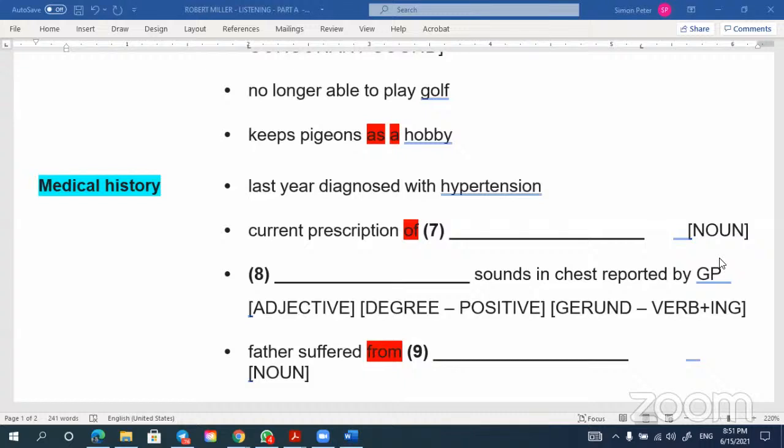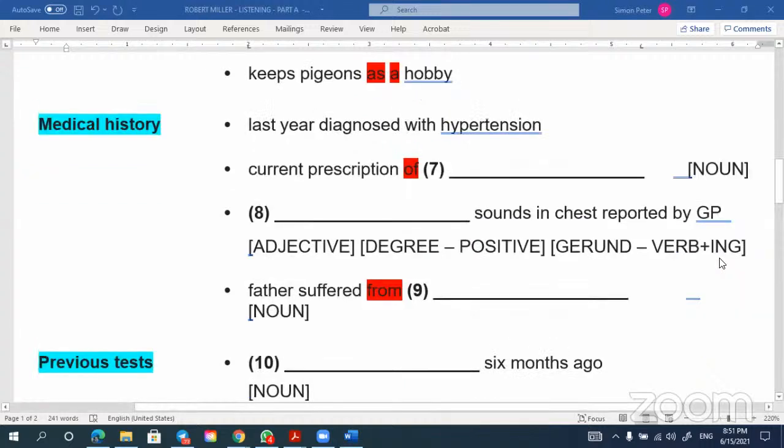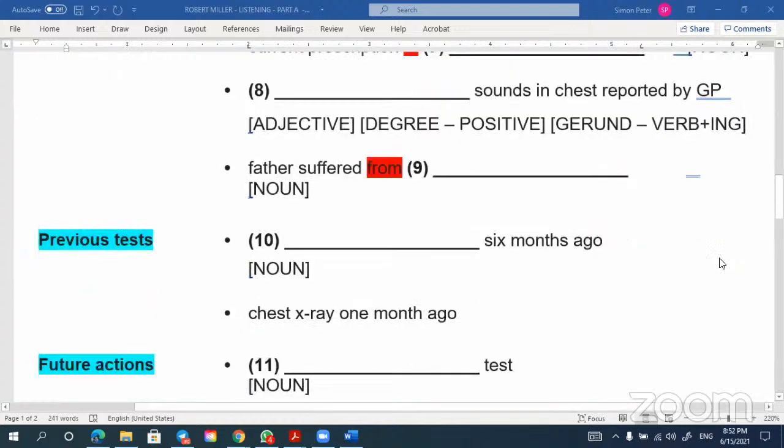Now, I see you were diagnosed with hypertension last year, and you're taking beta blockers at the moment for that. That's right. My GP said it'd help. Something the GP also said when I saw him about my breathing problems was that he heard what he called crackling noises in my chest. Okay. I can't hear them, but he could through the stethoscope.